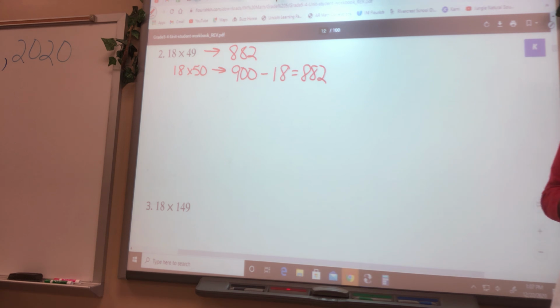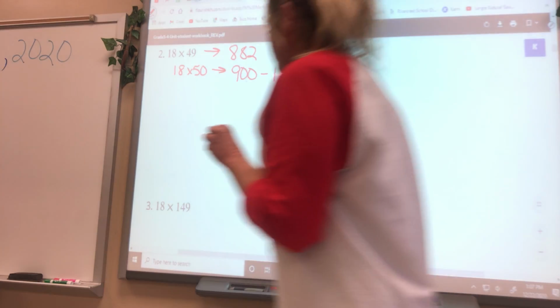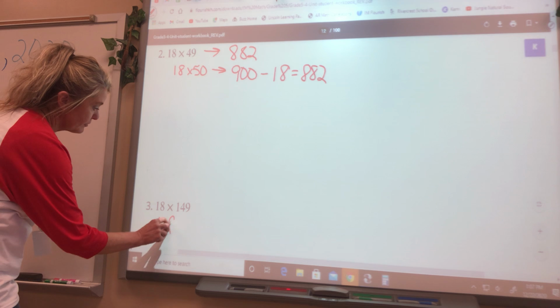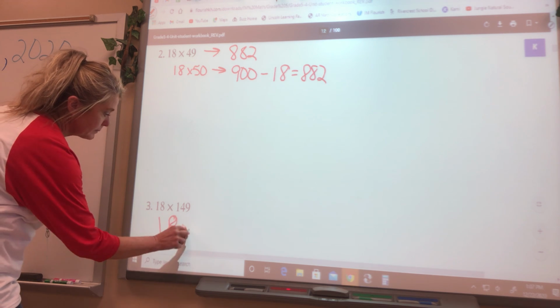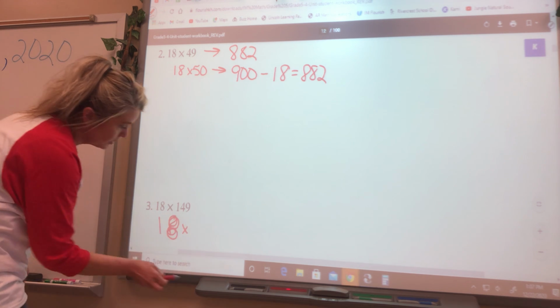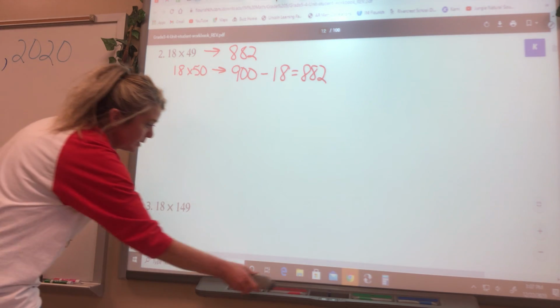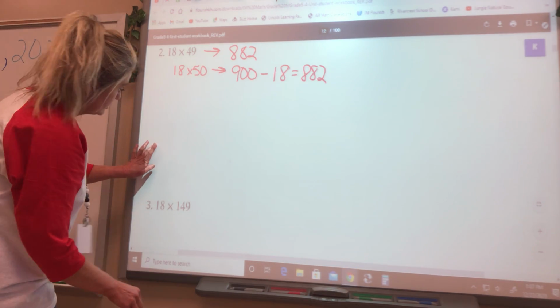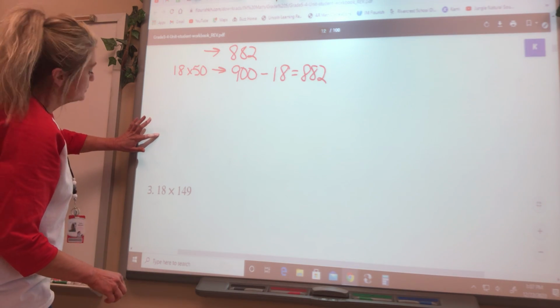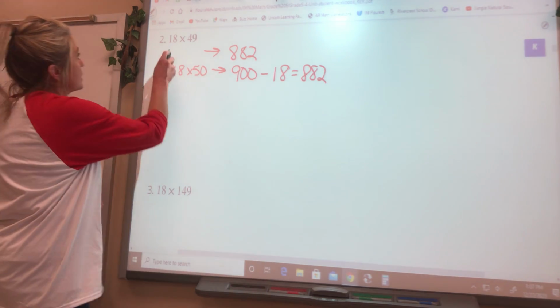Okay, we could do this one two different ways. We can look at it as 18 times 150. Think about that, 18 times 150. That 8's not wanting to work right down here on my board. Getting really close to the bottom. So let me move it up just a little bit, and I'm going to rewrite that problem.